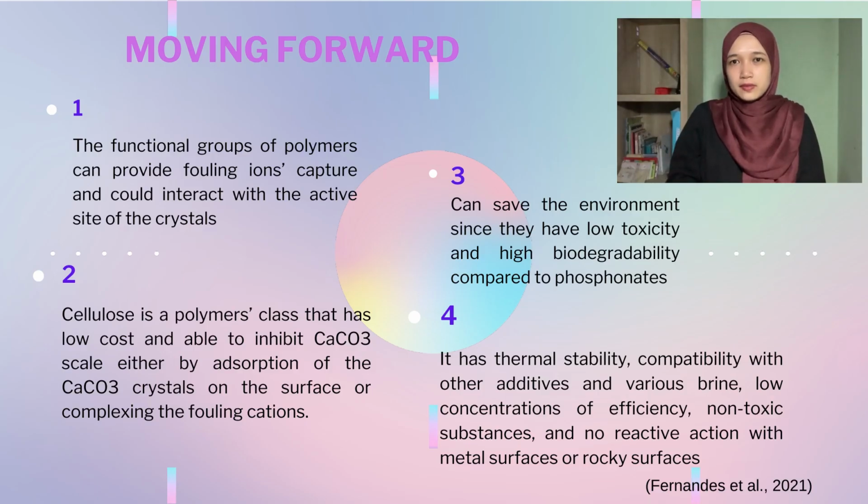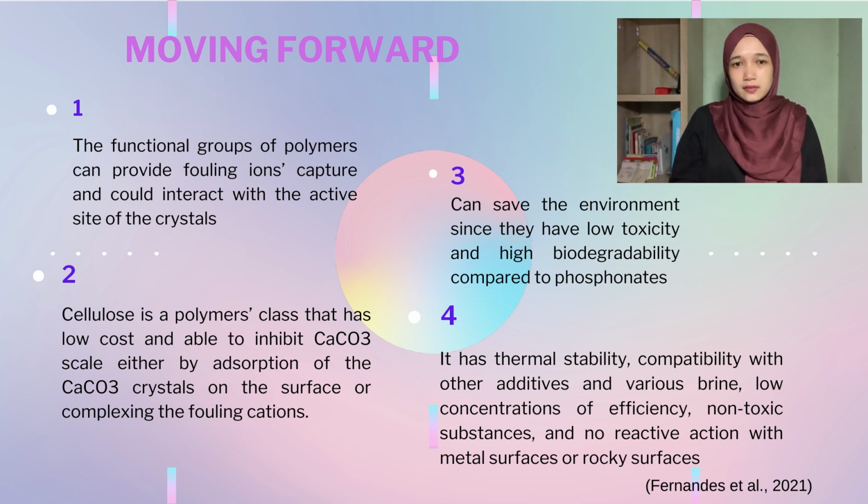Next, for the moving forward part, we can use polymers with functional groups that can provide fouling ion capture and could interact with the active sites of the crystals. As an example, cellulose is a polymer class that has low cost and is able to inhibit calcium carbonate scale, either by adsorption of the calcium carbonate crystals on its surface or by complexing the fouling cations.